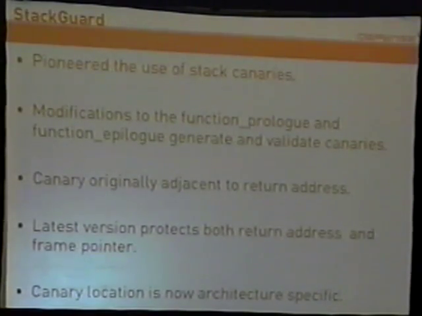And also, in the latest version of StackGuard, the canary location has been modified so that, depending on the architecture that you're running your program on, the canary location is put in the optimal place so that it's more difficult to actually reach and modify. Essentially, if you're able to overwrite the canary when they compare the canary to the saved value, then you can do it either way. So they change the location of it so that it's more difficult to overwrite.